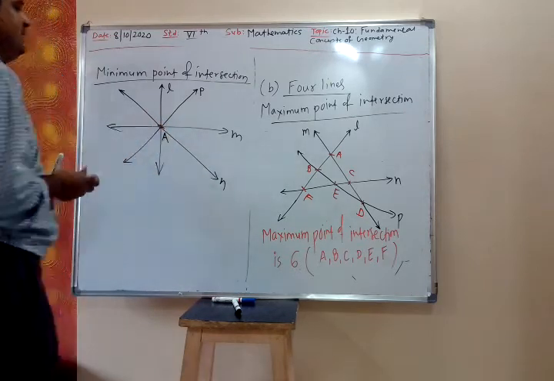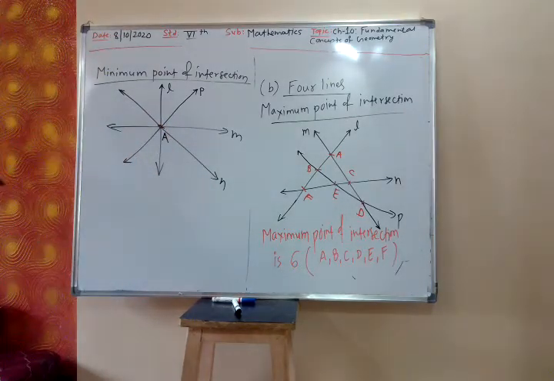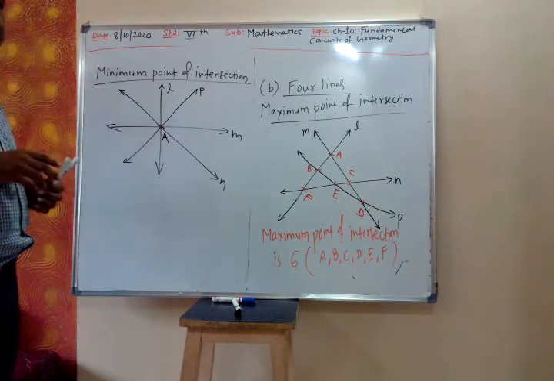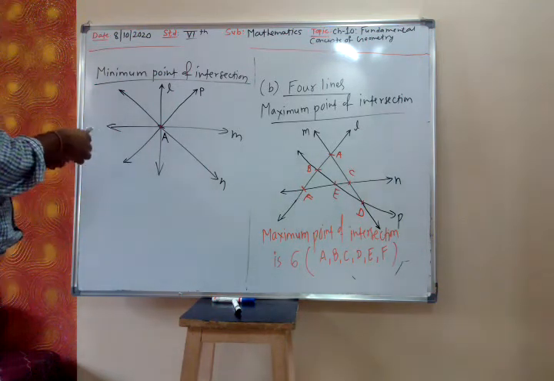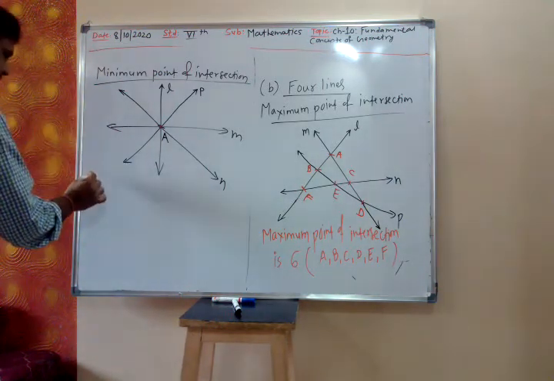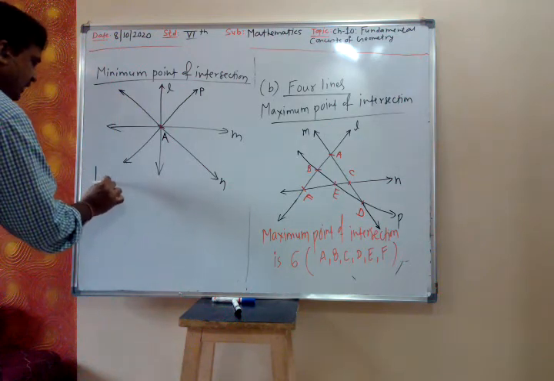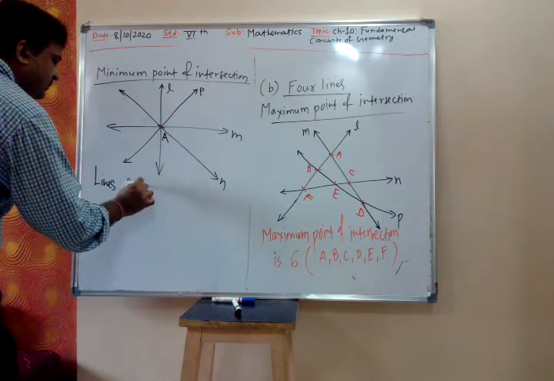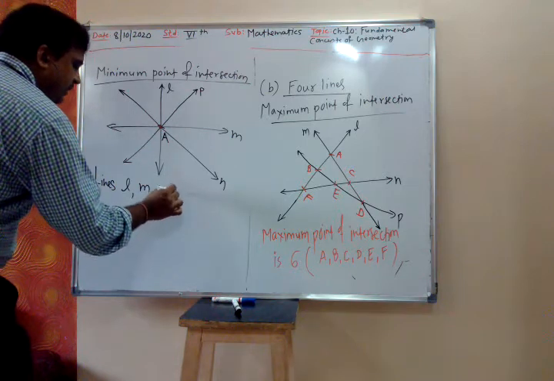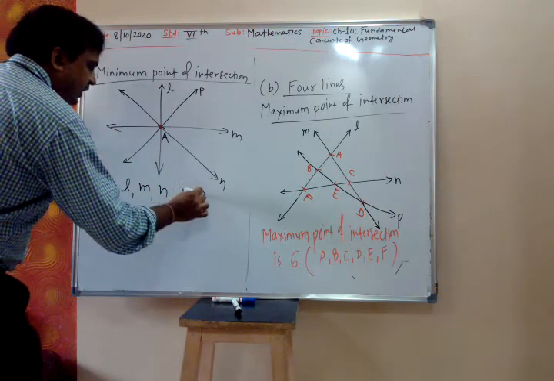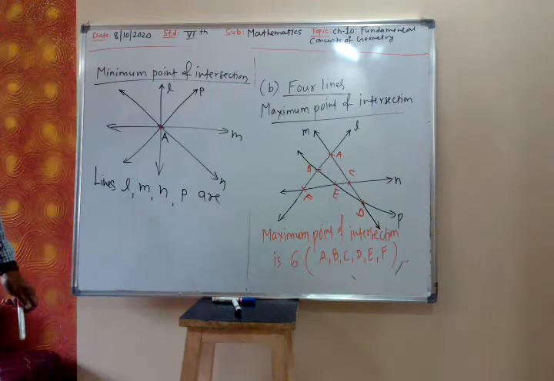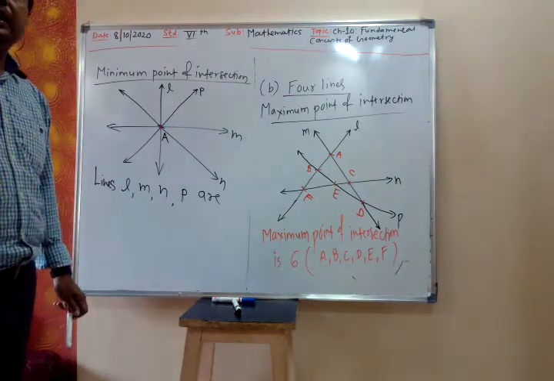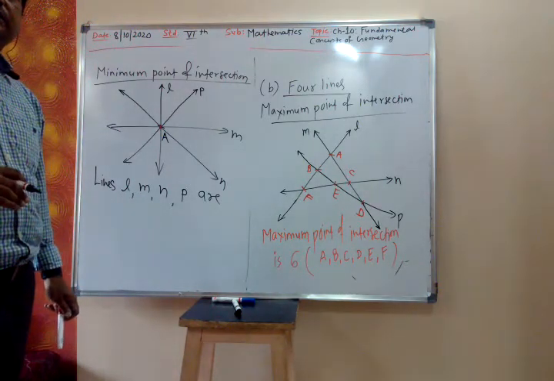So 4 lines intersect each other at one common point. Write: lines L, M, N, P. What are the lines L, M, N, P? They are concurrent lines. Yes or no?